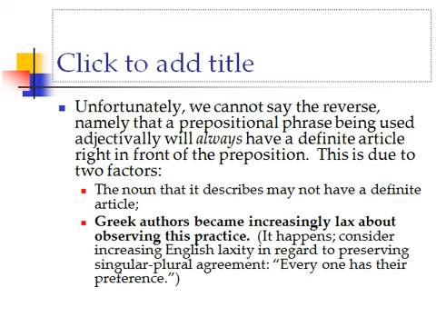Now, unfortunately, we only get a clear clue about how a prepositional phrase functions when a definite article is present and precedes it. Then we know it's either adjectival or, in the absence of a noun in attributive position, it's substantival. Like our examples, the Father, the one in heaven, or our substantival example, the ones in the field.